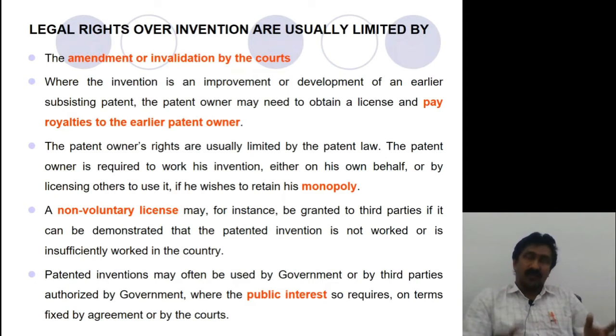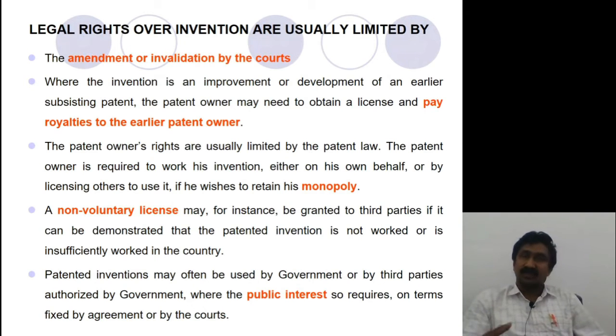For example, if you have a patent and you are not commercializing it, then the government may give a license to some pharmaceutical companies for the production, because it is in the public interest.